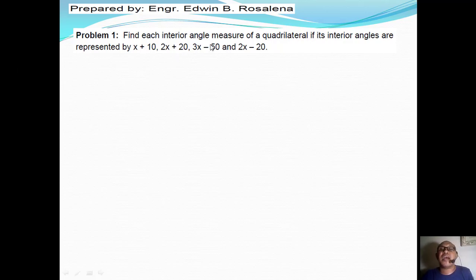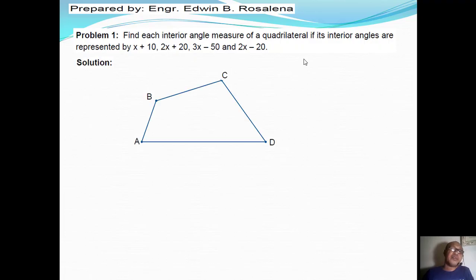Find each interior angle measure of a quadrilateral if its interior angles are represented by x plus 10, 2x plus 10, 3x minus 50, and 2x minus 20. So, solution, we can draw a quadrilateral and let us say this is the first angle represented by x plus 10. The second angle represented by 2x plus 20, the third, and then we have the fourth.